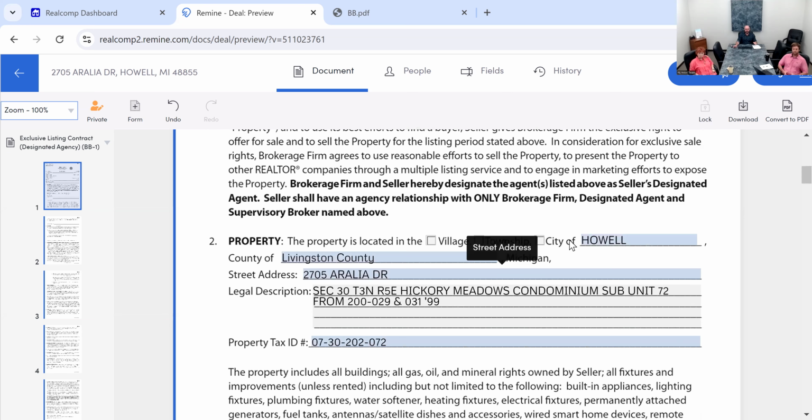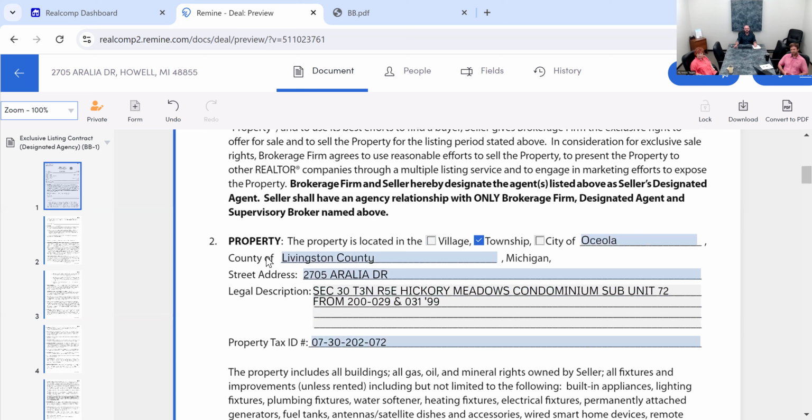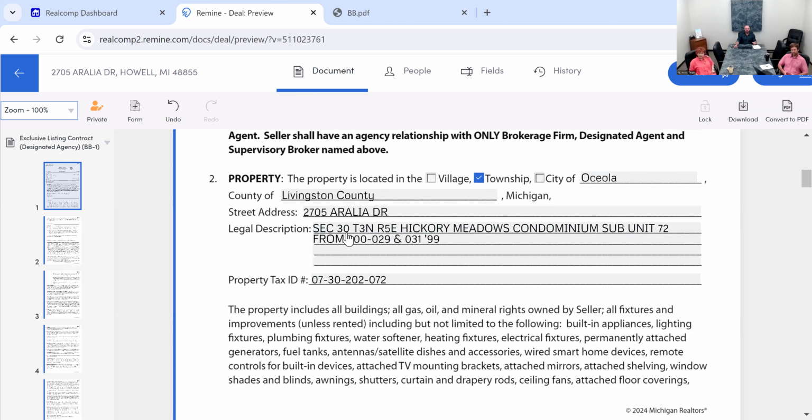So then this describes the property itself. So yeah, the city of Howell. Genoa Township. Okay, well, Osceola Township. Okay, so it's all... Hard to get it. Right. The street address and all this, obviously, I did not type this stuff in. This came from public record.